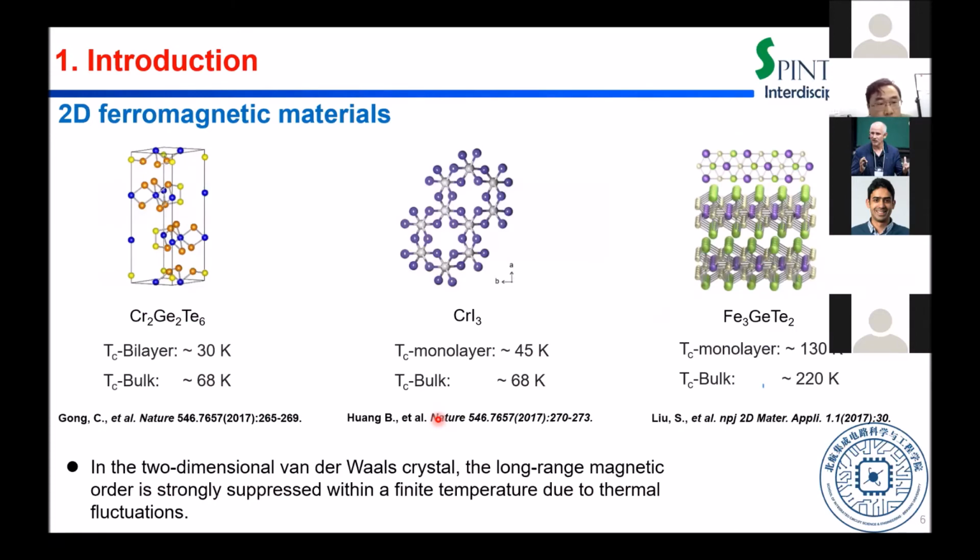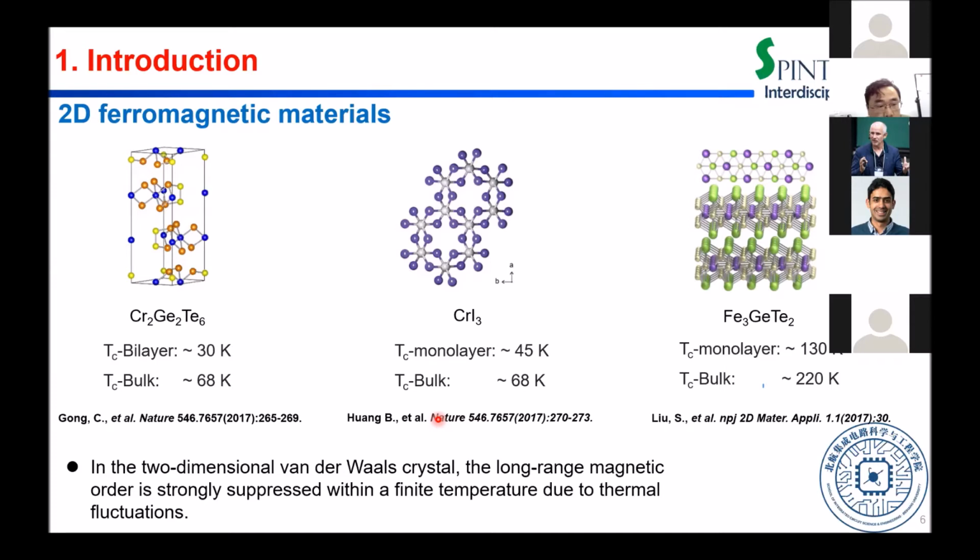In 2D ferromagnetic materials, theoretically and experimentally, more than 10 types have been found. But among all these materials, the most stable and also intrinsic ones are right now mainly focused on 3 types.